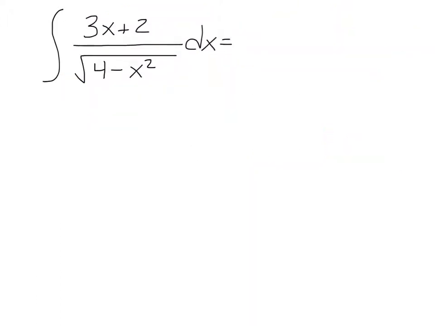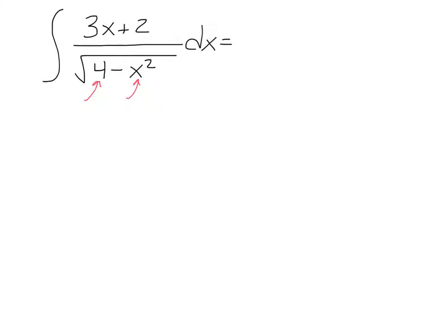All right, so this one's a little bit tougher, but let me walk through my thought process here. There's a couple of things I could definitely try. One problem is, if this were going to be any of the inverse trig functions, it would have to be arcsine because I have a constant here and I'm being subtracted by x squared.